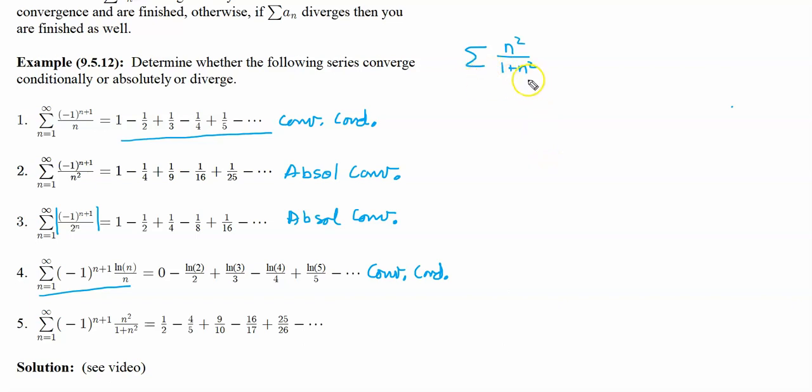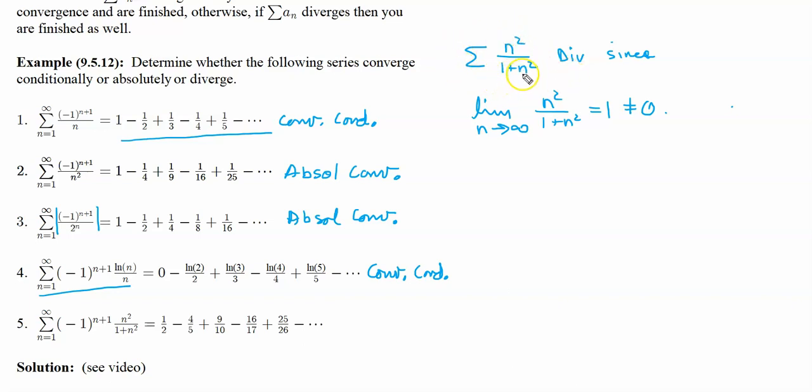This does not look like it's going to converge. This actually diverges, since if we look at the limit as n goes to infinity of these terms, that's equal to 1, which does not equal 0. And so by the nth term test, this must diverge, right?